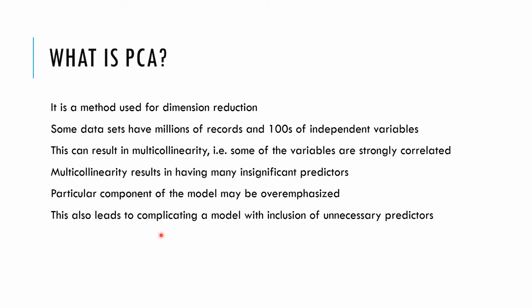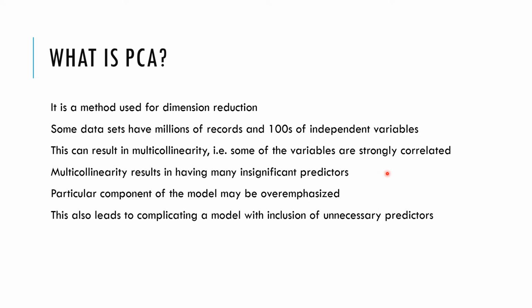This also leads to complicating the model with the inclusion of unnecessary predictors. All these strongly correlated predictors are unnecessarily making our model too complicated because we have too many variables. Whenever we are building a model, we should always look for simplicity, as simple as possible.